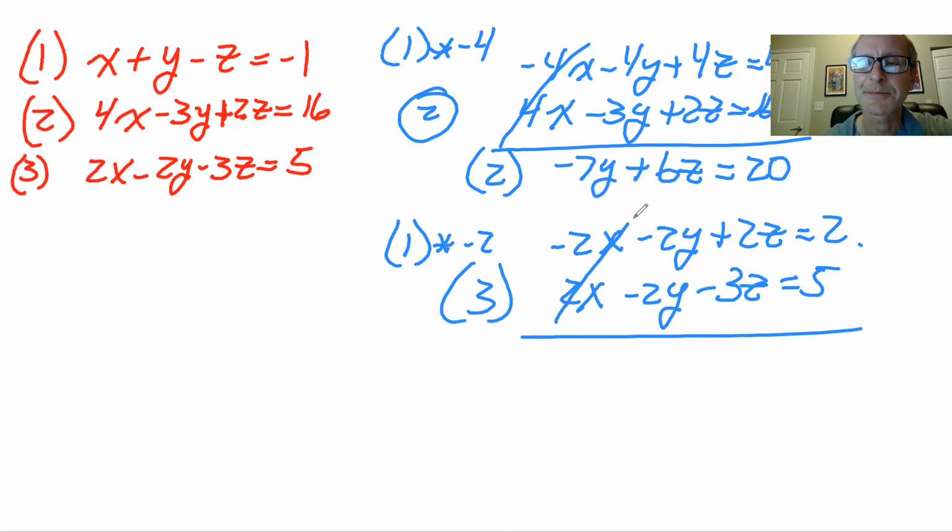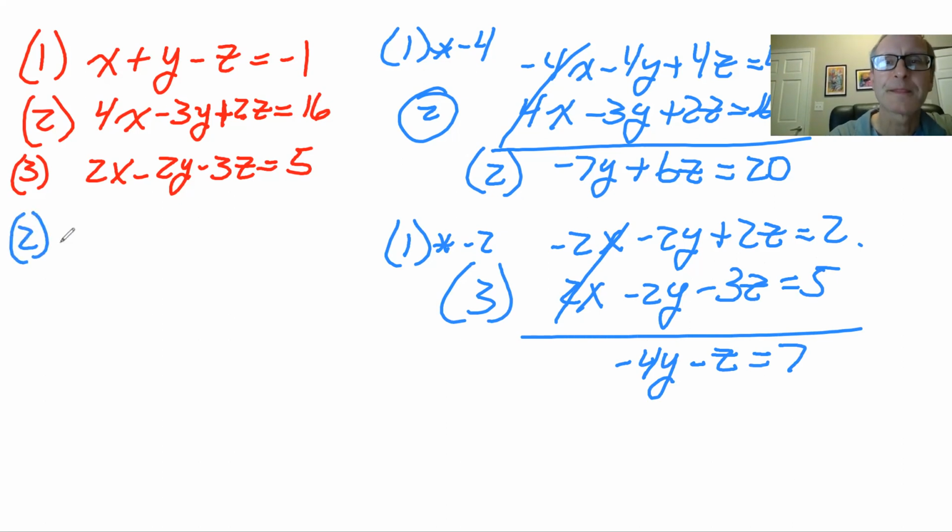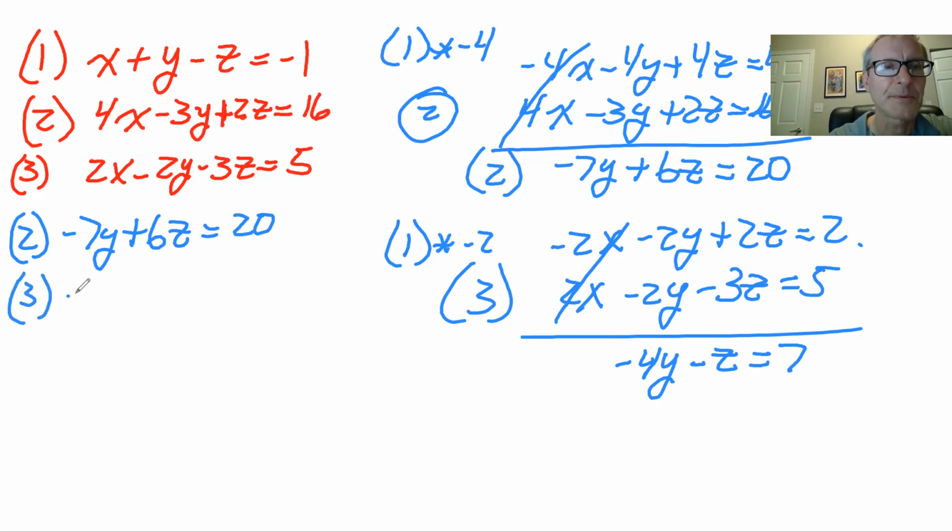Again, the x's cancel. And 2 minus 2 is minus 4. And then we'd have minus z. It looks like that would equal 7. So our new equation 2 is minus 7y plus 6z equals 20. And our new equation 3 is minus 4y minus z equals 7.